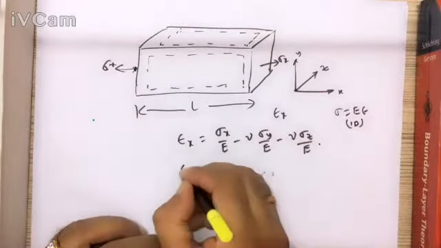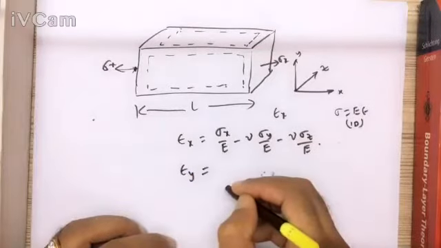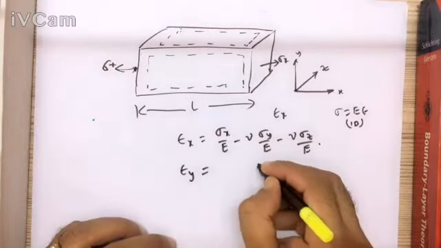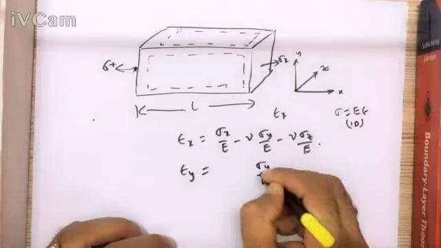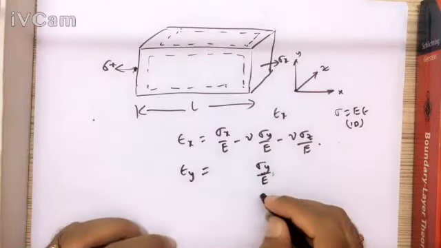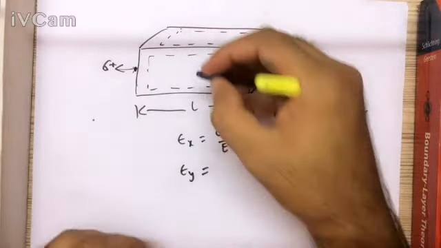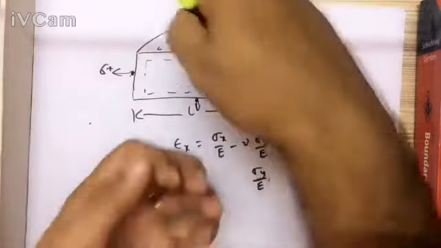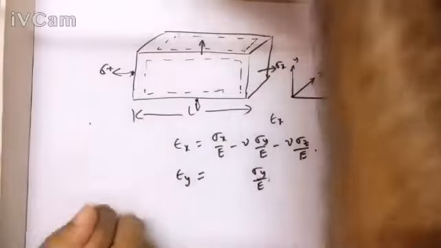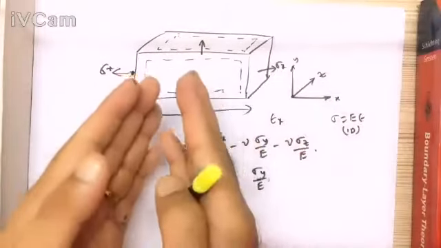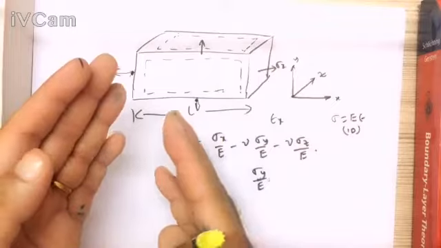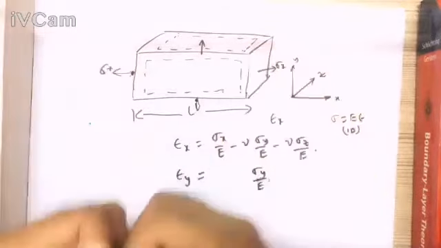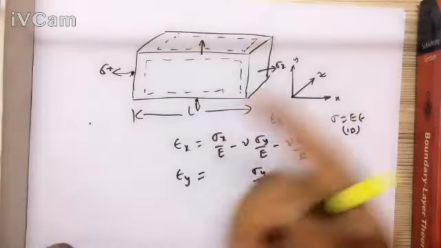Now what about epsilon y? Yes, epsilon y, you'll get positive term which is sigma y by E. Correspondingly, if I apply force in this direction, that strain will be developed in that particular direction, which is positive strain, and accordingly the negative strains will also be developed in x and z direction.